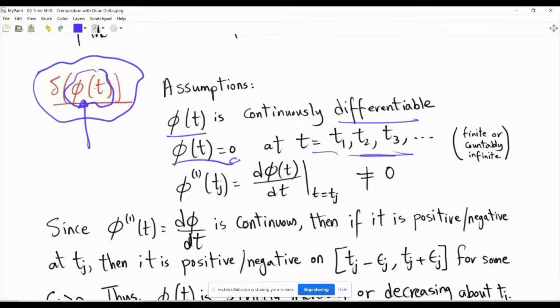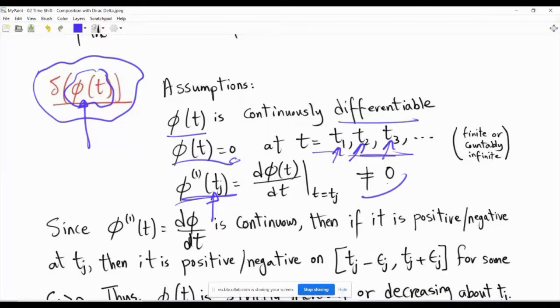We assume that the function is differentiable. We will assume that at those values of t at which phi of t is 0, the first derivative at those points is not 0.